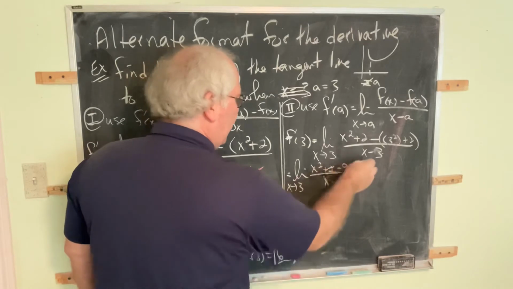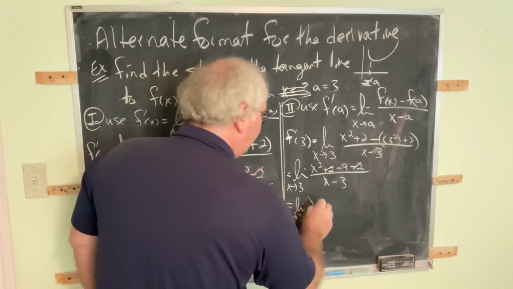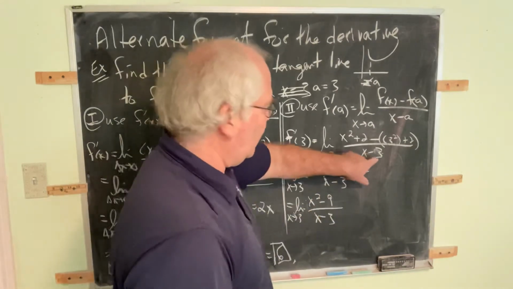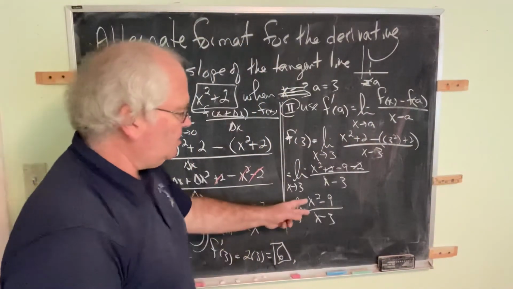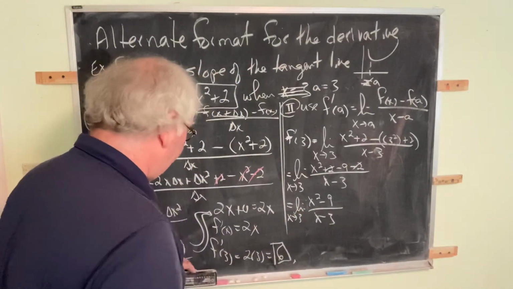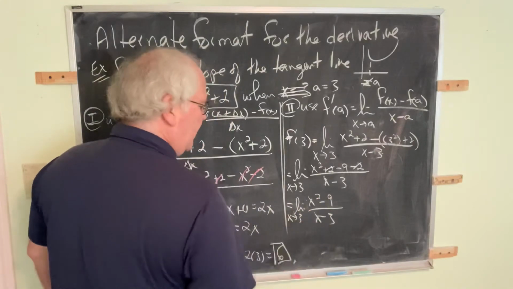The 2's cancel. So we're left now with the limit as x goes to 3 of x squared minus 9 over x minus 3. X is 3, a is equal to 3. Direct substitution gives us 0 divided by 0. But we followed this path before. We should be familiar with this trail. This is factor, reduce, try again.